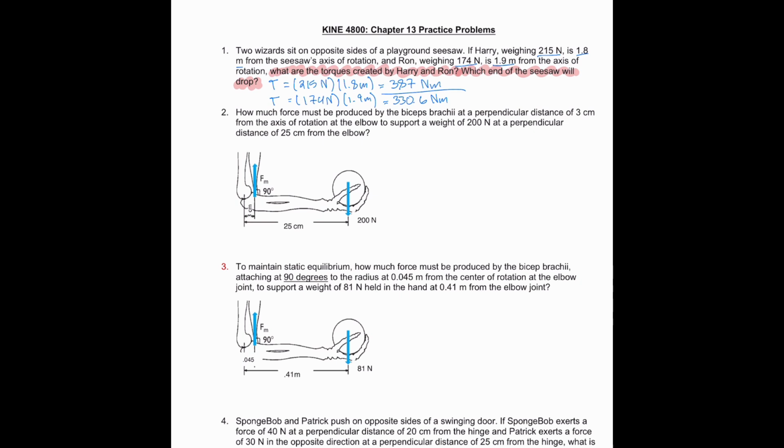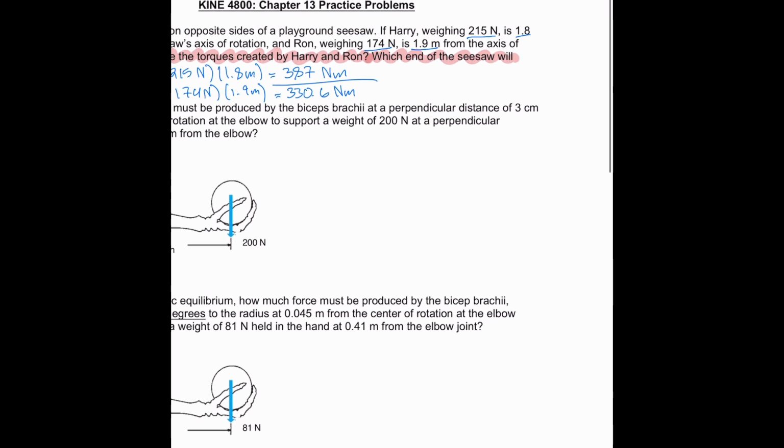Since Harry's torque is greater than Ron's, we can conclude that the seesaw will drop on Harry's side, since we know that this one is greater than the bottom one right here for Ron.